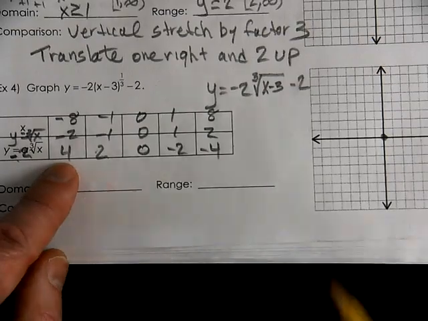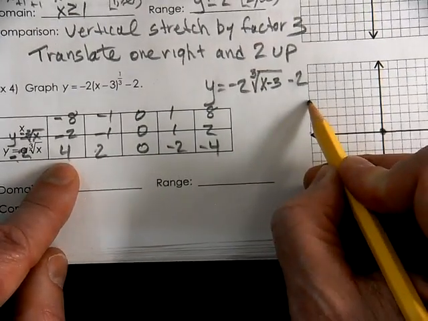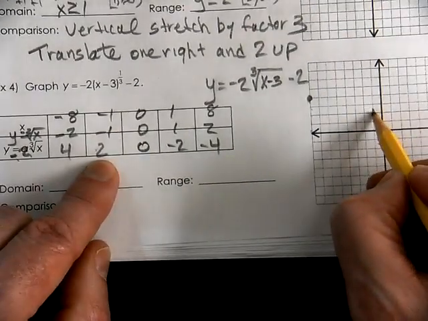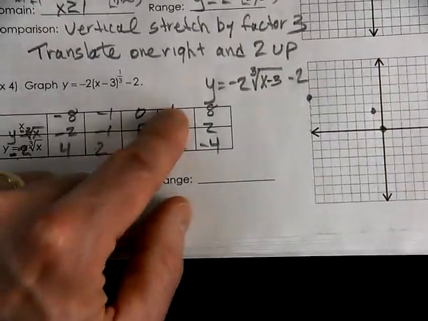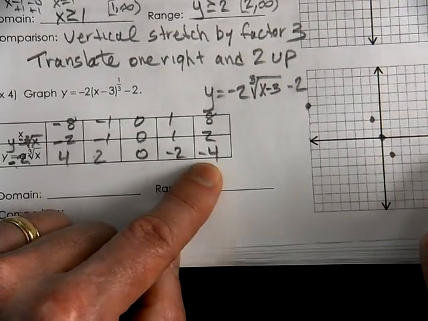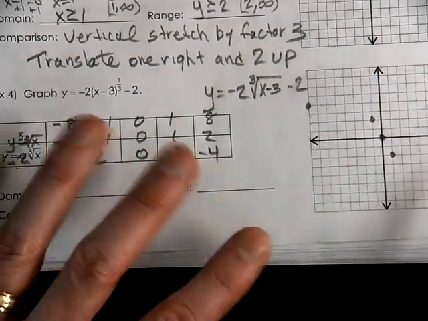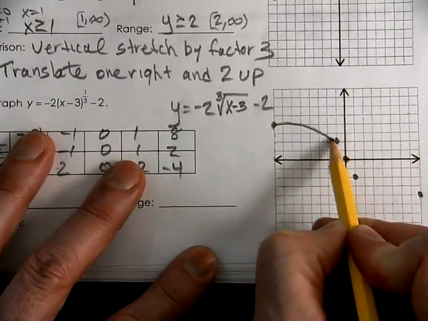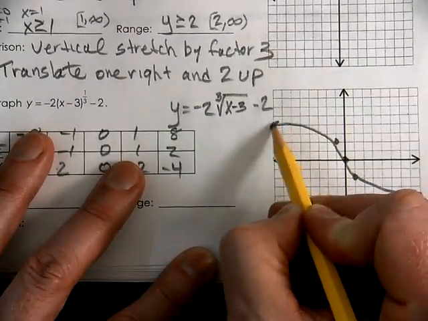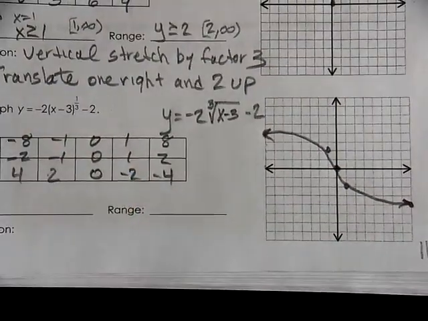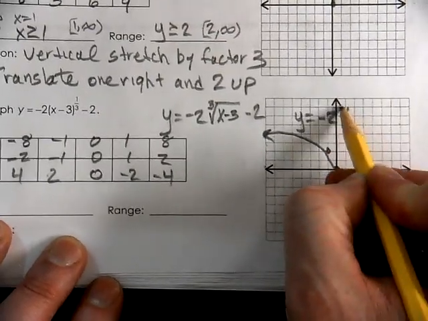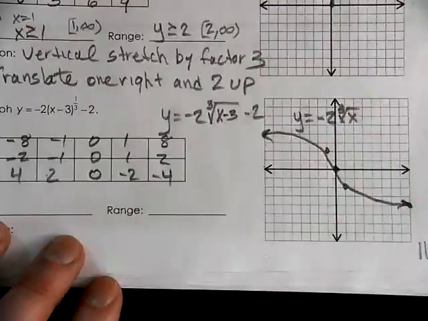At negative 8, we're going to be at positive 4. Negative 1, we're going to be at 2. 0, 0. 1, negative 2. 8, negative 4. That's our graph, y equals negative 2 cube root of x.